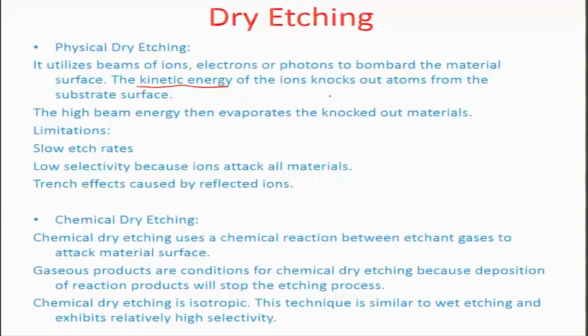Also, due to certain energy modes being delivered into the material, there is a chance of conversion of one kind of energy to the other. For example, in laser etching, you use a bunch of photons which have high energy, but the photons are converted into phononic vibrations of the surface bonds.